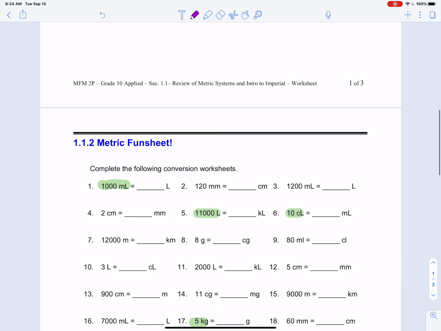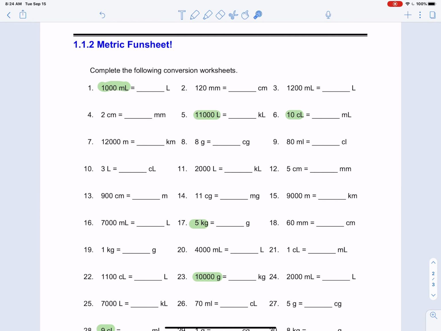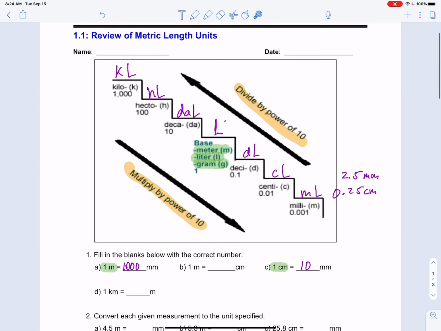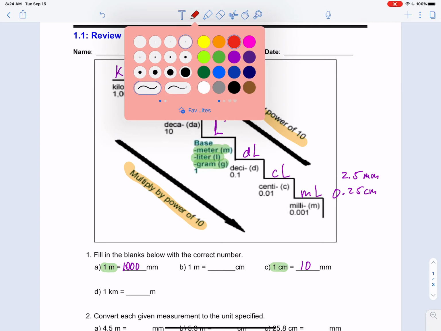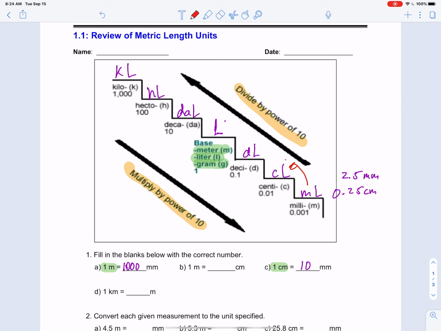So if we go back to this question here, we got 1,000 milliliters. I want to go from milliliters to liters. So go to your staircase here, milliliters to liters. If we do that, you're going to do 1 step, 2 steps, 3 steps. Every time you go up the stairs, you divide by 10.